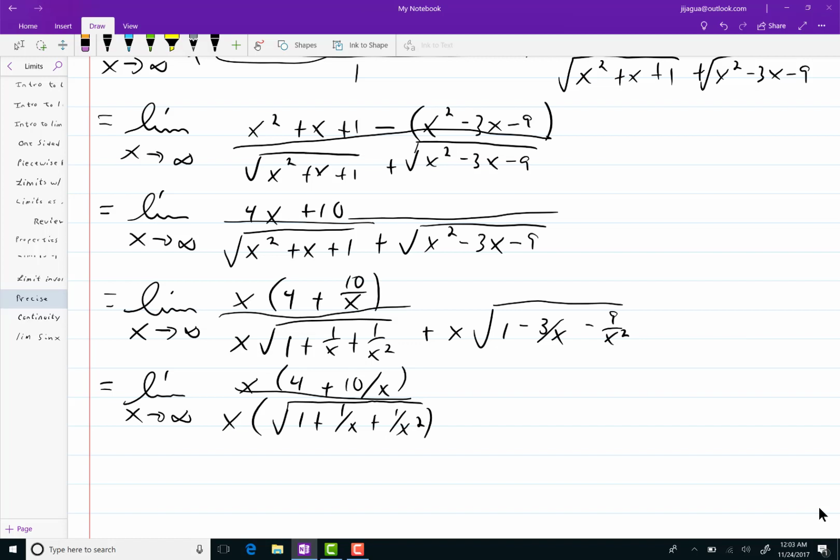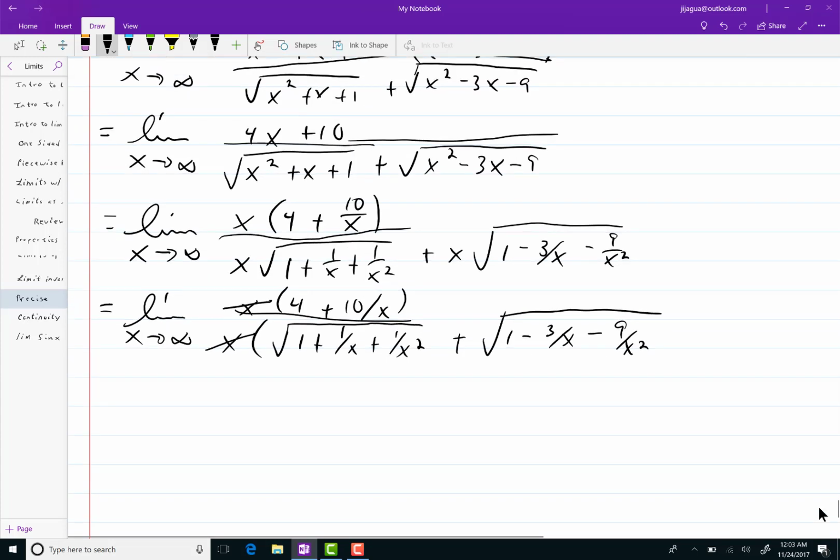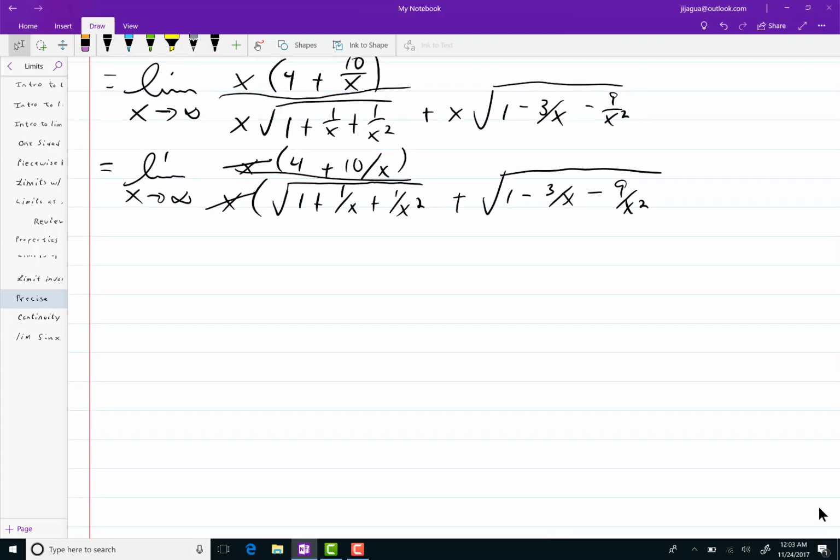I was a little too fast on that. Let's get this out. Plus the square root of 1 minus 3 over x minus 9 over x squared. Now I'll cancel out my x's and I'm ready to put in the numbers. So I know that the 4 will stay a 4. 10 over x will become 0.